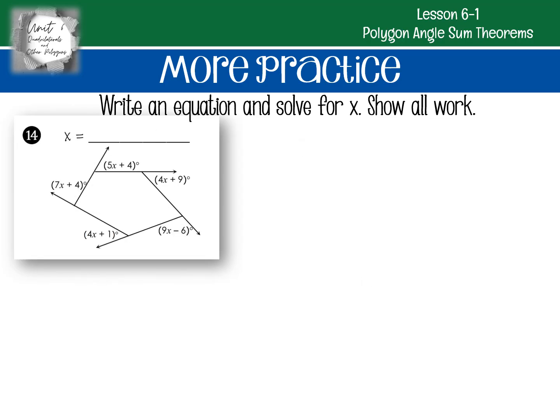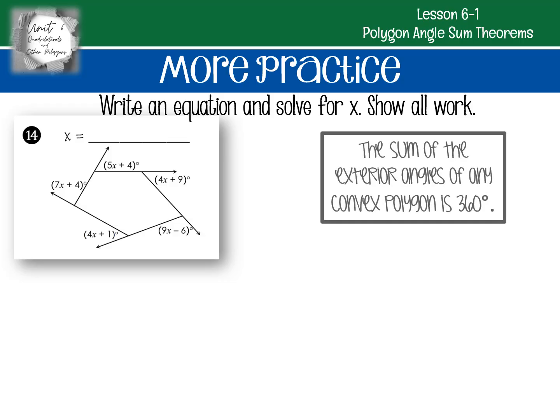Number 14, those are exterior angles. We know all of those add up to 360. So the sum of the exterior angles of any convex polygon is 360 degrees. Just said that. There it is to back it up. Algebraic expressions galore. 5x plus 4 plus 4x plus 9 plus 9x minus 6 plus 4x plus 1 plus 7x plus 4 equals 360.